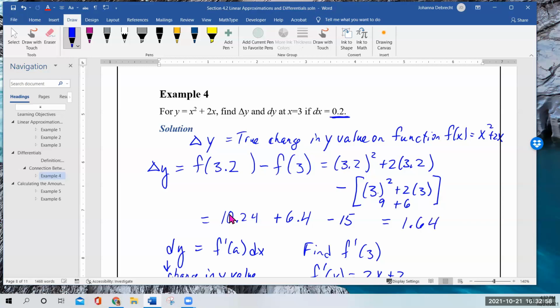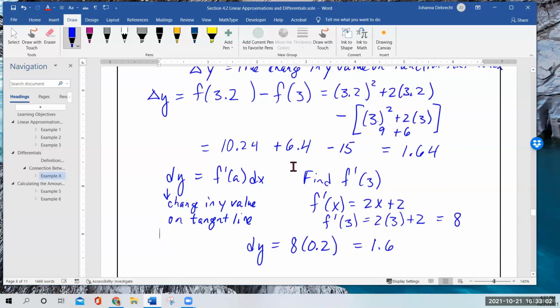And now you can see that the change in y value on the real function is quite close to the change in the y value on the tangent line, as long as we stay close to the a value. Our a value is 3, and moving away to 3.2 with a delta x of 0.2 is not far away.